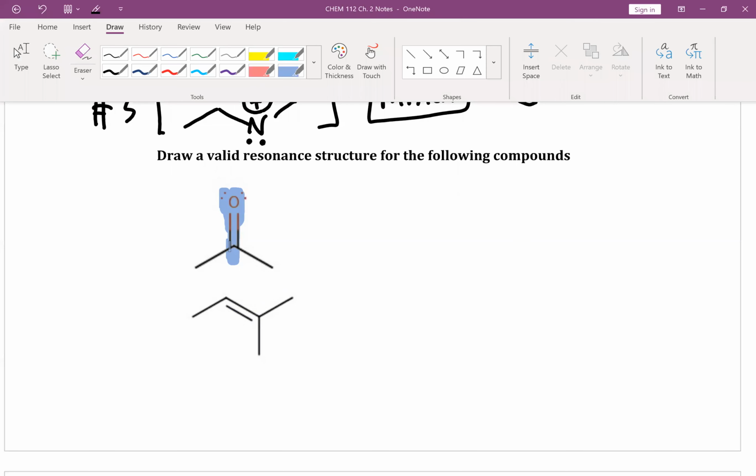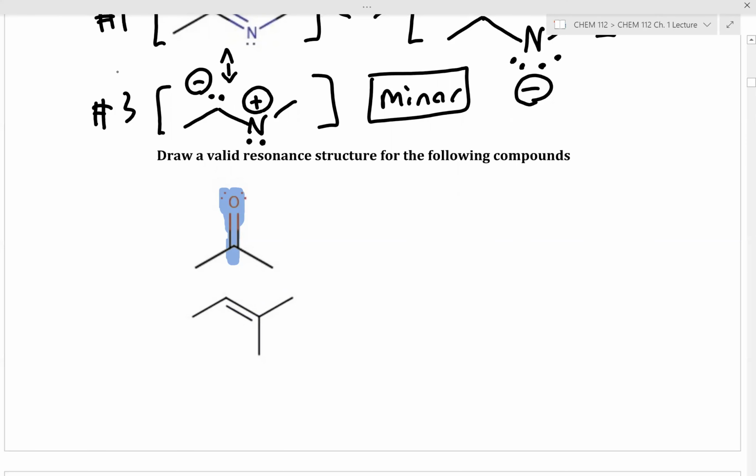So when I'm drawing resonance structures, I can take the electron density in this double bond and distribute it to any of the atoms involved in that bond. So I can take my double bond electron density and push it up towards oxygen. That's one valid approach. And that would give me the following resonance structure.